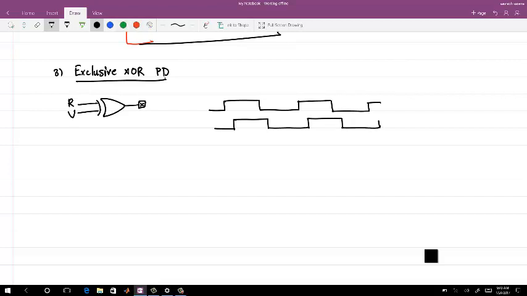So if it is frequency locked, this is R, this is V, and this one is V_PD. So V_PD is something like this.